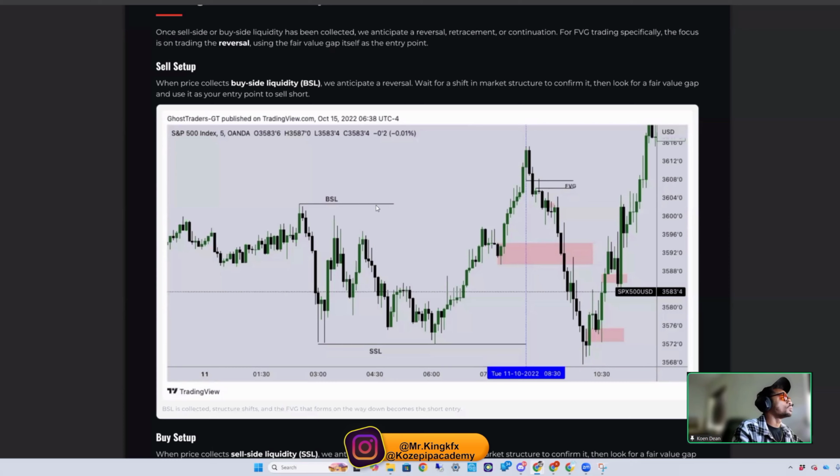So buy side liquidity is up here, going to be above around where your resistance is, and your sell side liquidity is going to be below around where your support is. So sell side is support, buy side is resistance, right? Now, if we collect our buy side liquidity and then we form our FVG, that's when we're looking for the market to continue lower. Make sense for everybody?